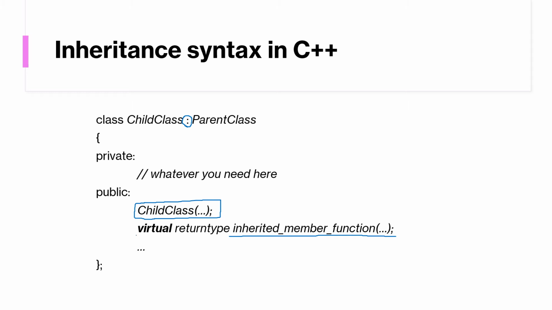Now there's an important keyword here. If you're trying to do polymorphism, you need to have these inherited member functions be virtual. That means that exactly which member function is going to be called is determined at runtime, not compile time.